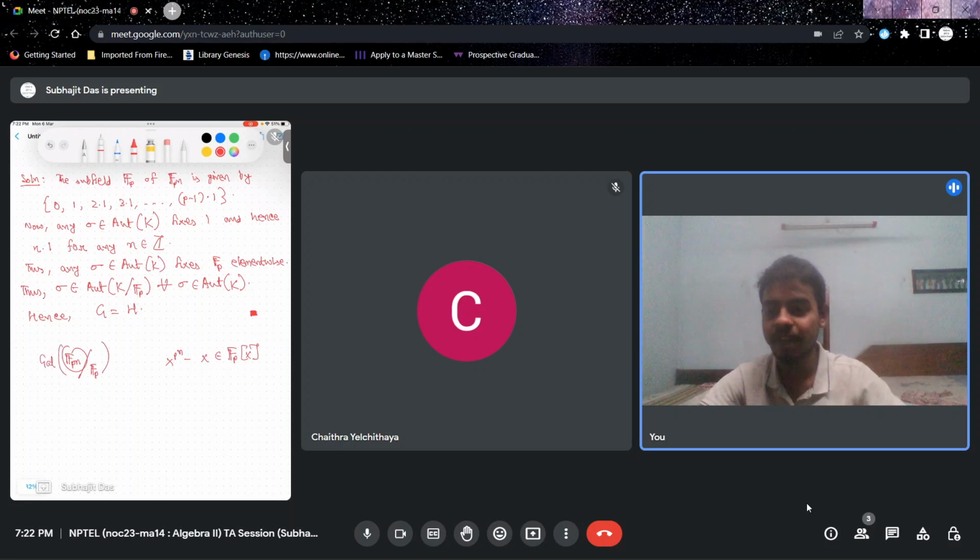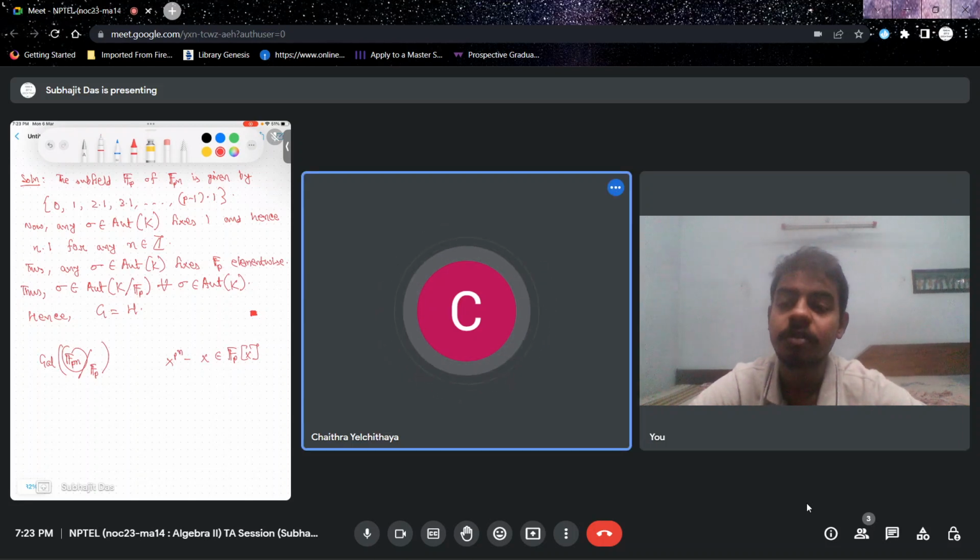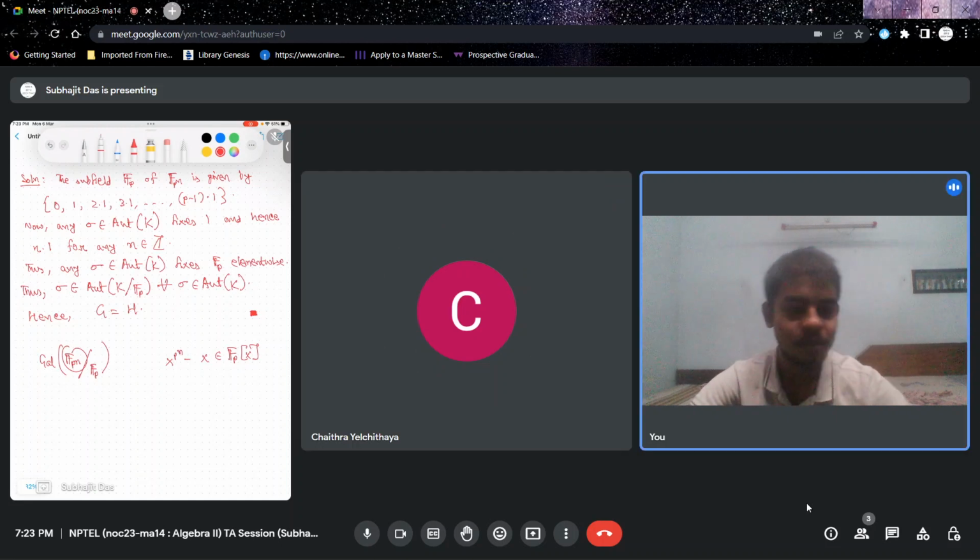Can you find a concrete group which is isomorphic to this Galois group? You already answered the question. I was hoping we'll go stepwise, but yes, you're right. It's precisely the cyclic group generated by the Frobenius automorphism.